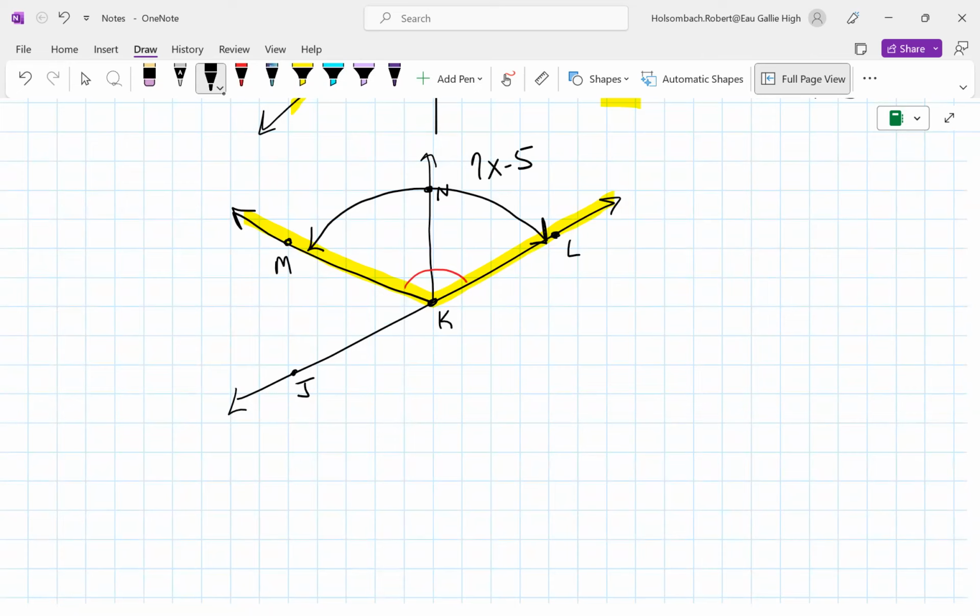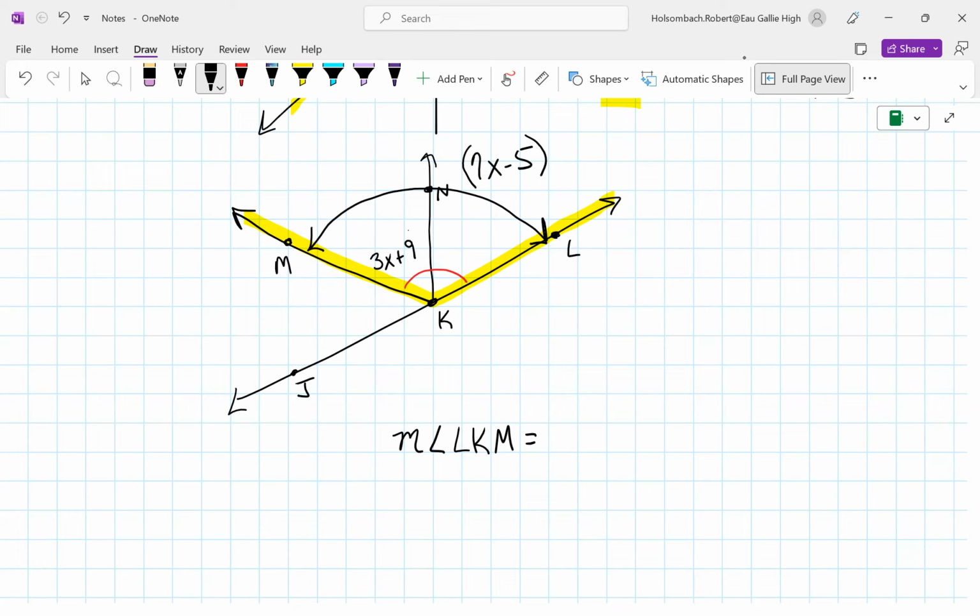And the measure of NKM, N down to K to M, one of the smaller congruent angles, measures 3x plus 9. Here's what you need. You need the measure of angle LKM. That's the yellow angle. Well, this expression represents that angle, but that expression has a variable in it. So in order to find that angle measure, we need to know what that variable is equal to.